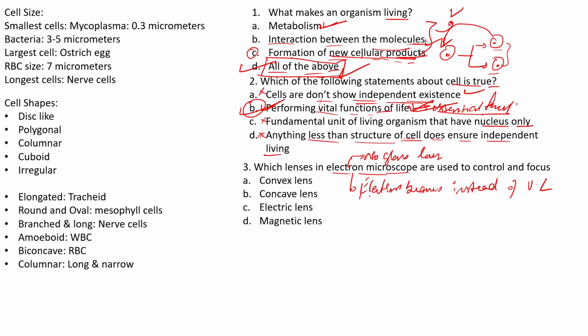And these electron beams behave like light only. Remember this. The bending or controlling of the path of the electrons can be done by an electromagnetic lens.